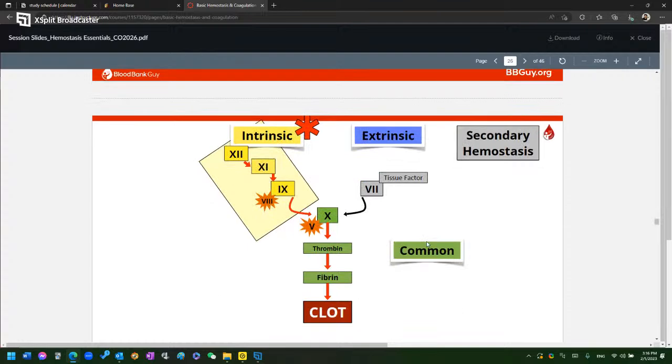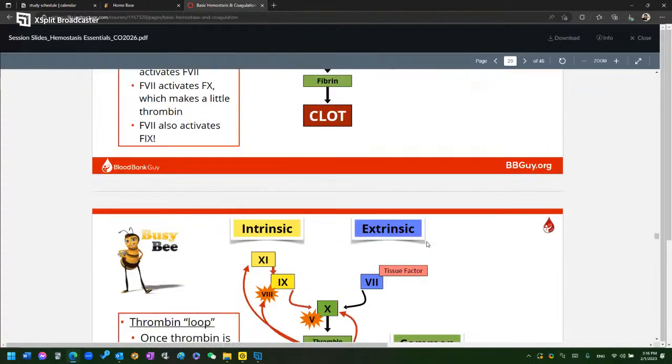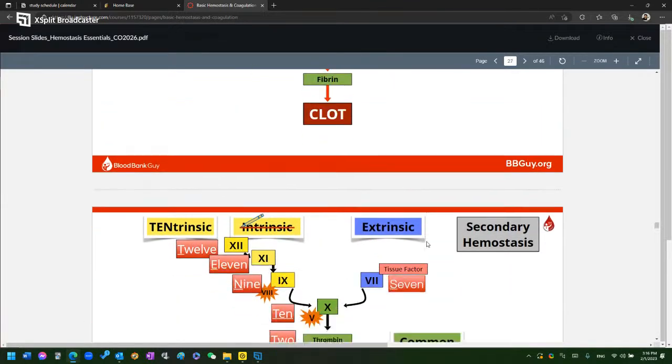These two are technically activated by different things, but they will happen at the same time in real life.